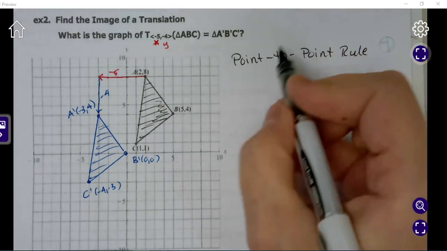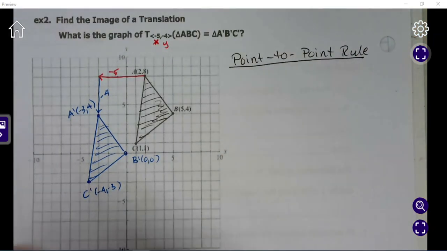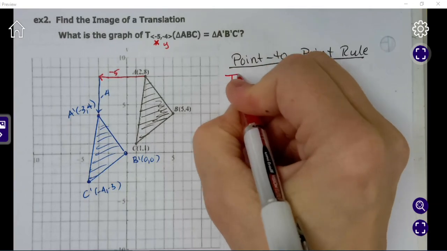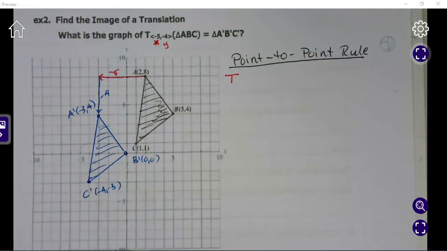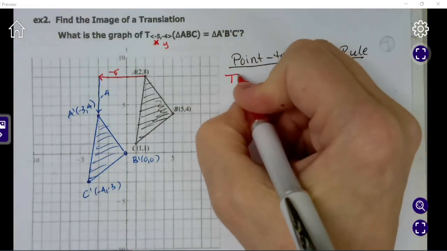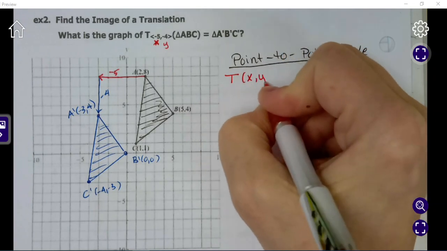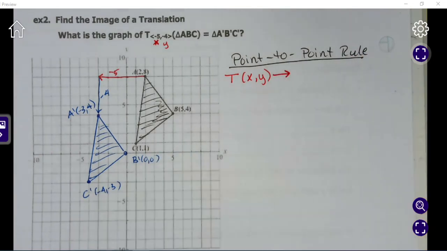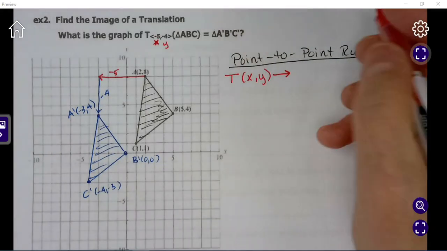All right, using the rule that we've been given, we're going to do a point-to-point rule. So when you do point-to-point, it's capital T for X comma Y, not in the subscript, and then an arrow to show something's being done.